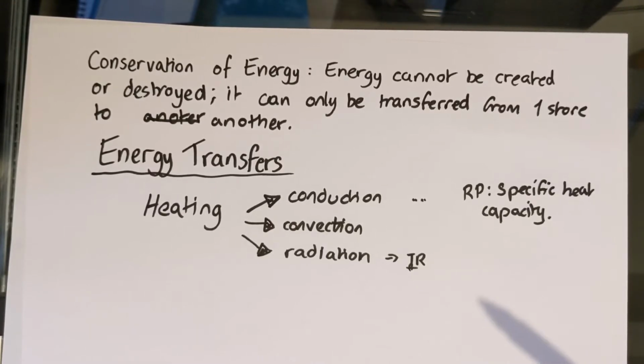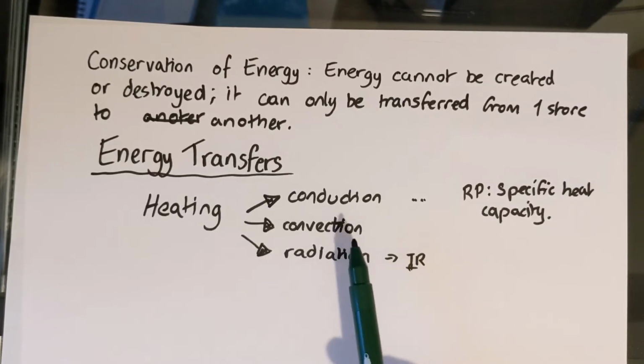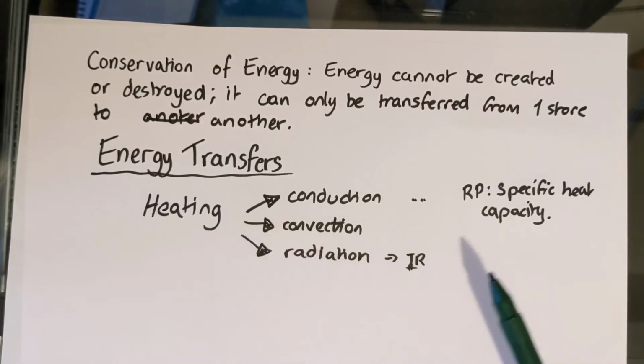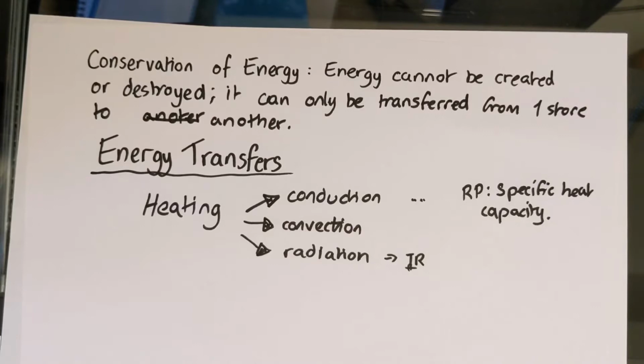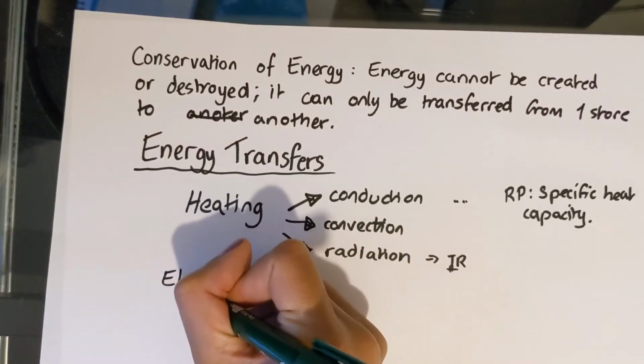You would burn a fossil fuel, which would heat up a fluid, giving convection, and that would cause a turbine to turn. So that's thermal energy going into kinetic energy, causing that turbine to turn. It turns a magnet, which in turn generates electricity.